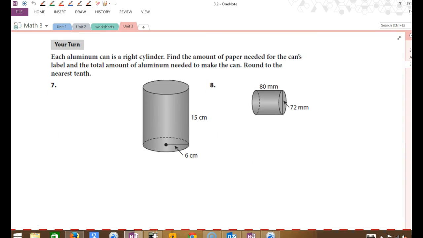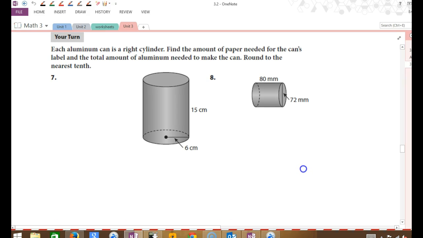So let's do question number 7. Again, finding the surface area. Let's start by finding the lateral area. For our lateral area, we find the perimeter around the circle, 2 pi, and in our case, r is 6. We're going to multiply that by the height of the cylinder, which is 15. Somebody throw that in the calculator.